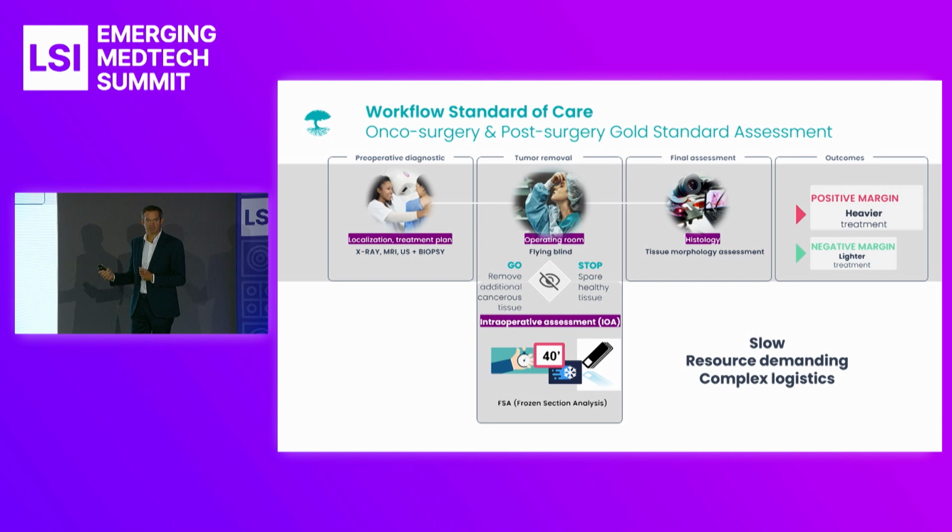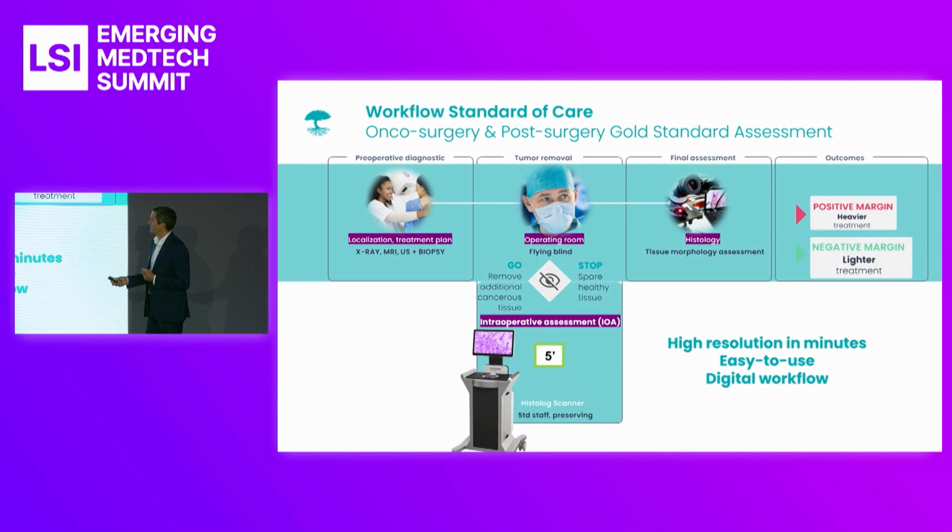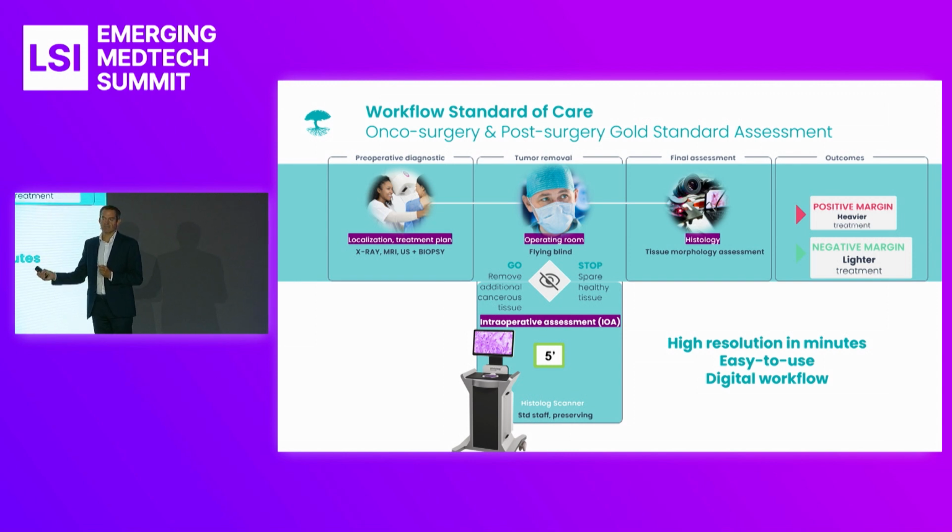It takes about 40 minutes, involves pathologists, and sometimes for logistics purposes, the pathology lab is not even in the same building, so there are hospitals where it takes more than an hour. So it's slow, resource demanding, and what the Histolog allows is basically during the surgery, in the operating room, in 5 minutes, to have a histology-like image for a surgeon or a pathologist to interpret and provide guidance to the surgeon, i.e., did the surgeon cut not too much, but enough, or should the surgeon cut a little more?